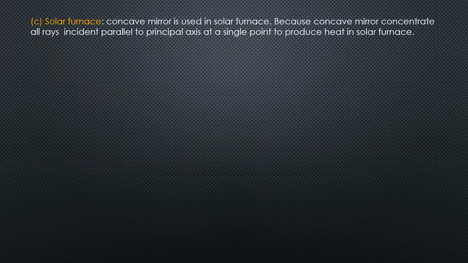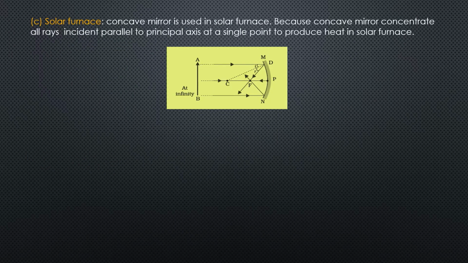So for solar furnace, we use concave mirrors, because concave mirror concentrates all the incident rays parallel to the principal axis at a single point, or concave mirror concentrates all the beam of light at a single point and produces a large amount of heat.